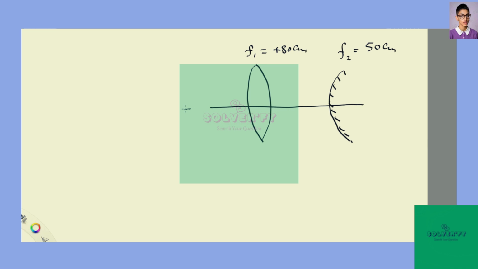The gap between these two is given as 1 meter, or we can say 100 centimeter.